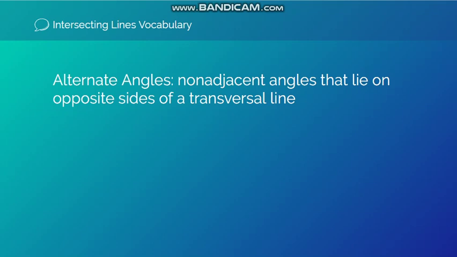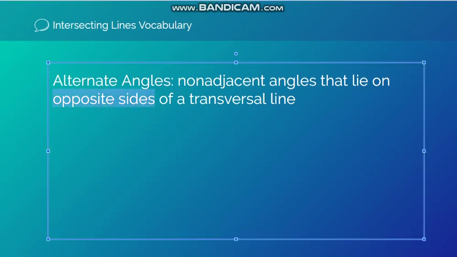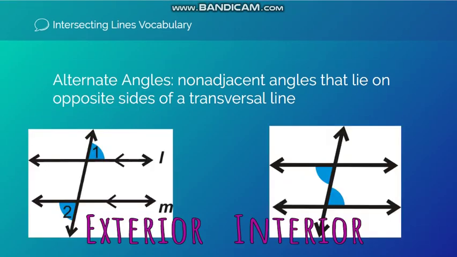They do not share a side or a vertex, that are on opposite sides of the transversal line. So here's what that looks like. When they're between the lines, when they're on opposite sides of the transversal, between the 2 lines, they are alternate interior angles. When they are outside the lines, on opposite sides, they are alternate exterior angles.